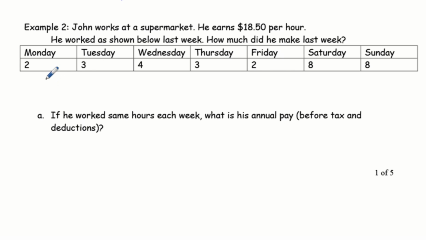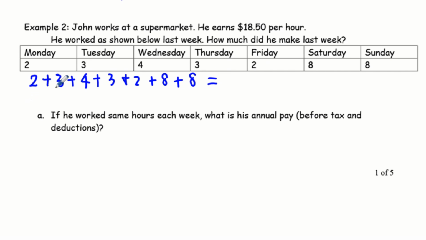So what we want to do first is find the total hours worked. So we add all of these hours together. So plus 4 plus 3 plus 2 plus 8 plus 8. Then we add them together to get the total hours.